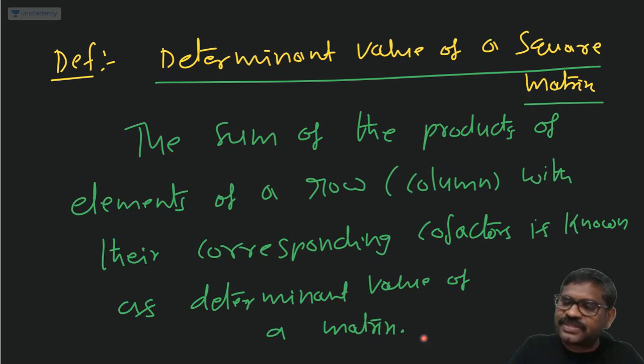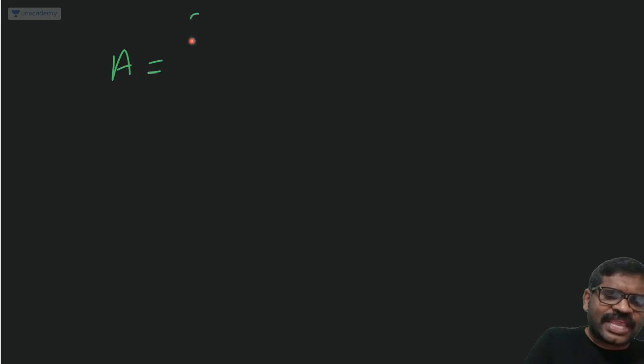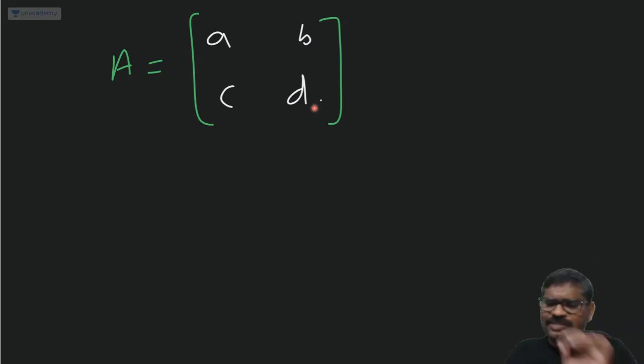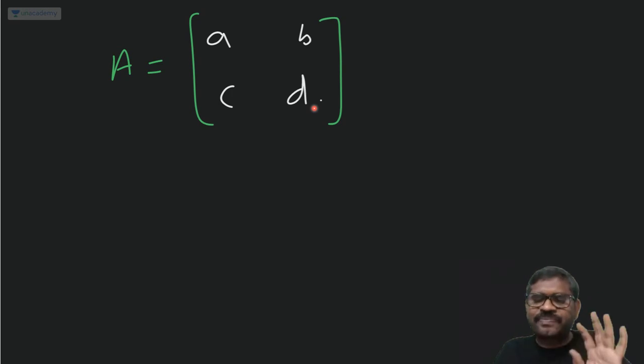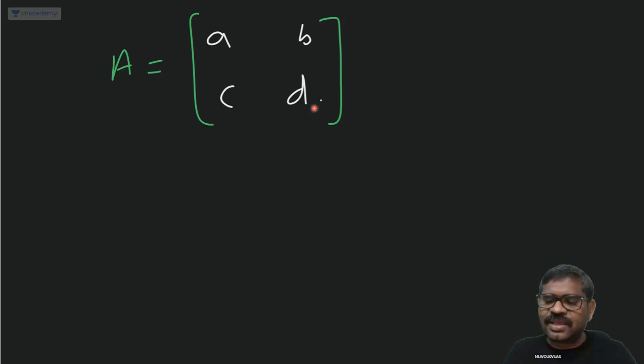Observe. Here, if your matrix is A, B, C, D, what is the meaning of the definition? Very simple. If you would like to calculate the determinant value of a matrix, you take elements of a row or elements of a column and multiply with corresponding cofactors. Suppose you take elements of first row.